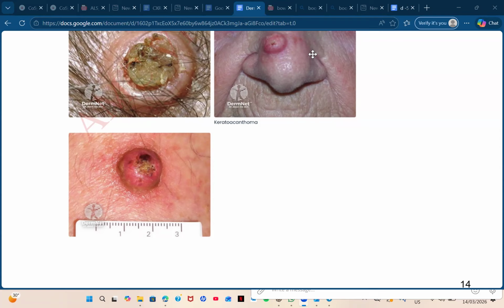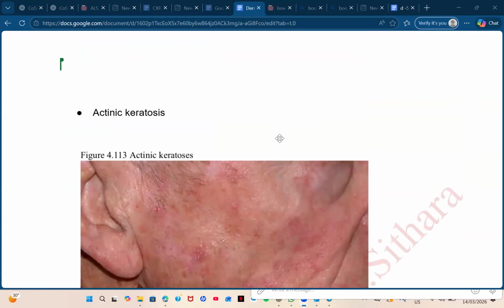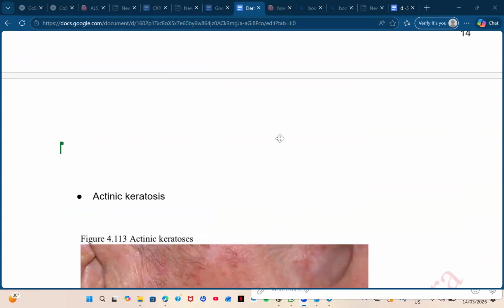That's why I'm telling you the e-medicine dermatological questions are very high yield. Just 1 minute, I'm just adding those pictures. Okay, just added it.